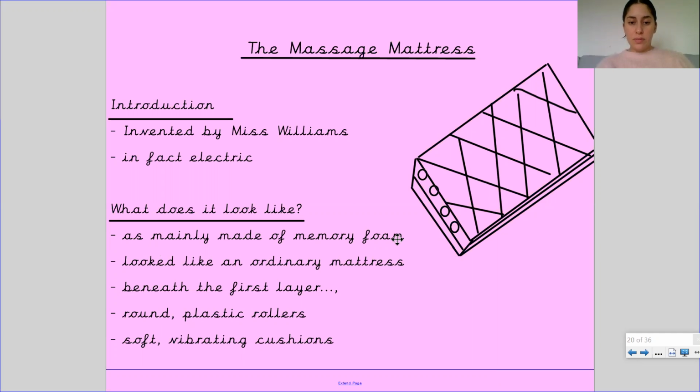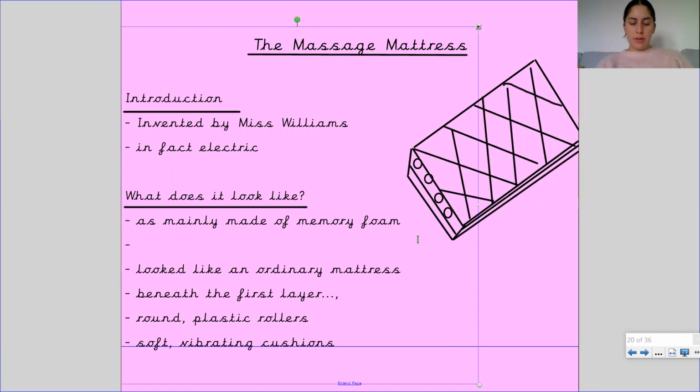Okay. I've also thought of something else, another descriptive language that I could include here. Where I've said it's mainly made of memory foam, I could describe the memory foam, maybe using the power of 3. What adjectives could I think of to describe the memory foam? So I'm going to add my power of 3 as another bullet point.